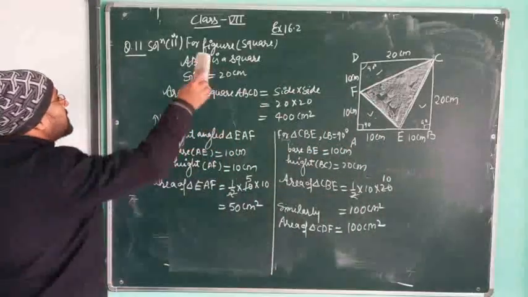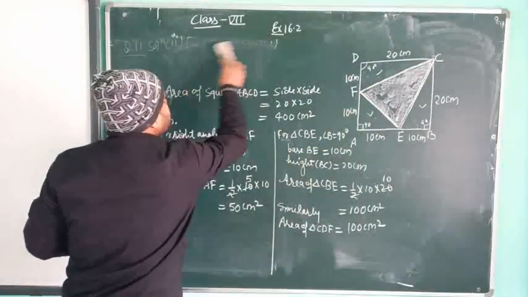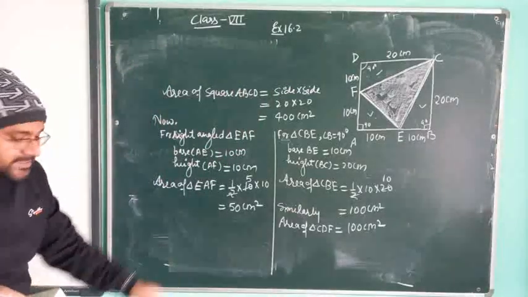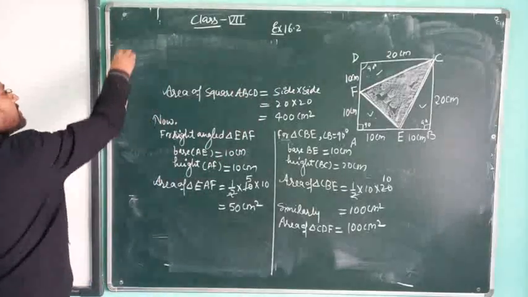Now can I erase this column? After this, I am going to write it outside.